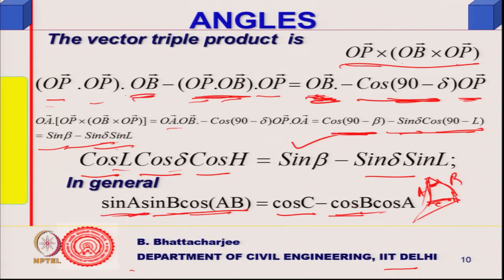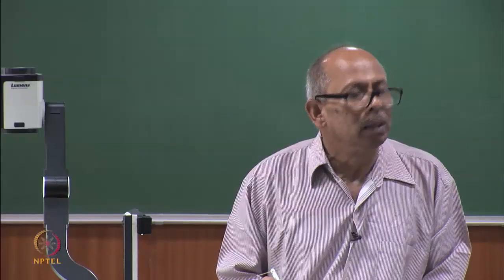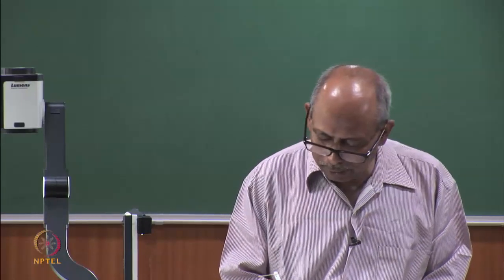So, in that spherical triangle, this angle was the incident angle, cos of incident angle, the third angle. The contained angle was the wall solar azimuth. One of them was 90 degrees minus altitude angle, 90 minus beta, and the other one was the tilt angle.